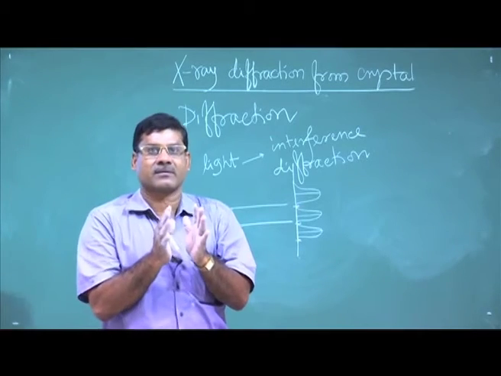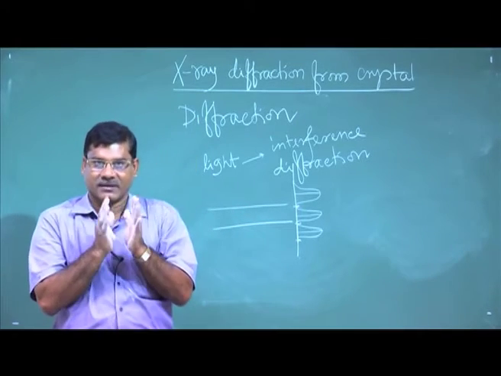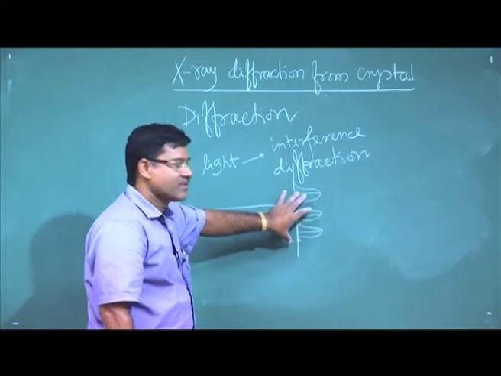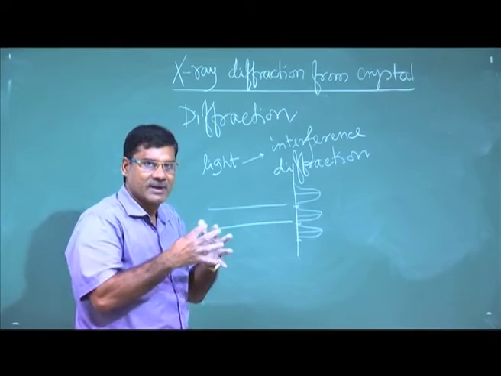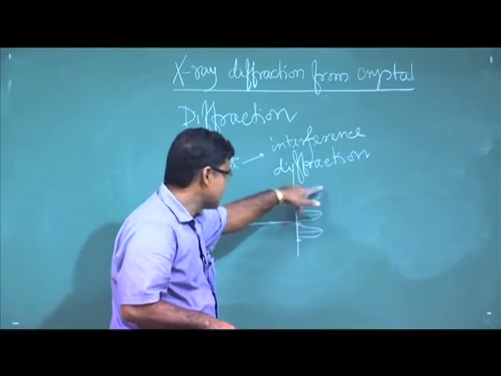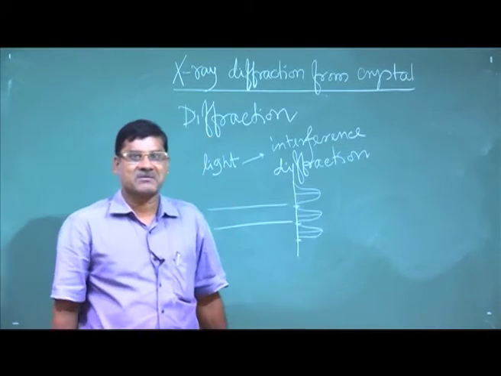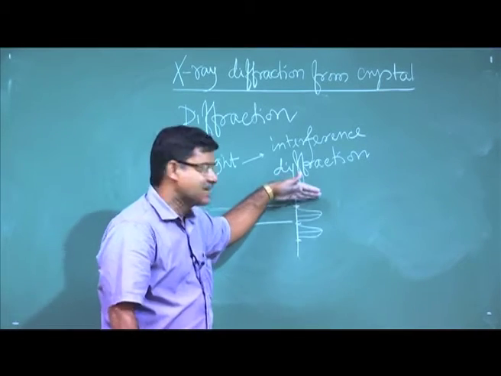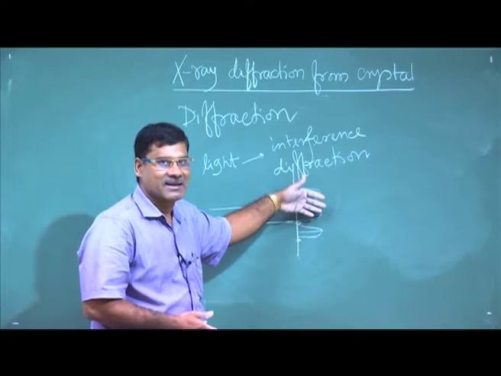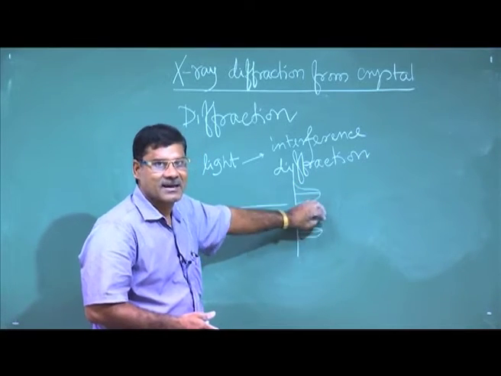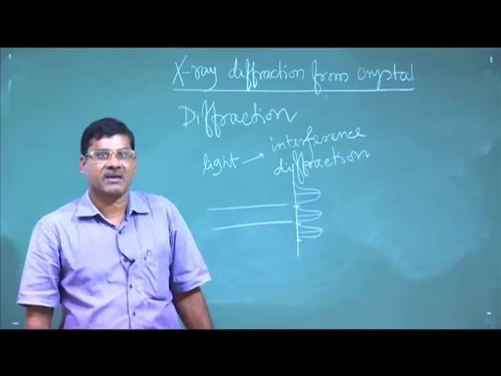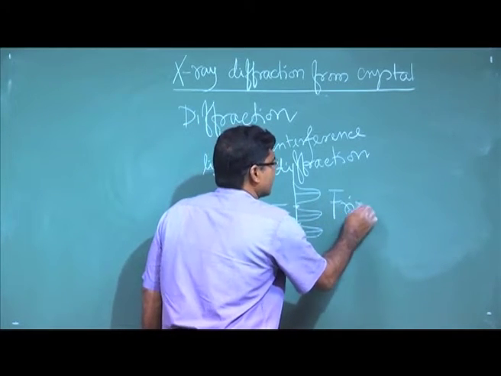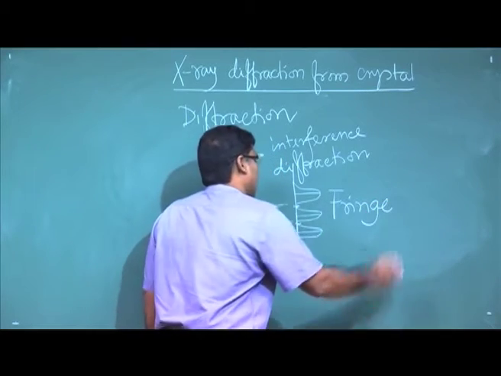Then we say that they are coherent sources. Okay. So, they will overlap, which means they will interfere, and you will see a nice intensity distribution of the light. You will see bright, dark, bright, dark. These are basically called fringes, interference fringes.